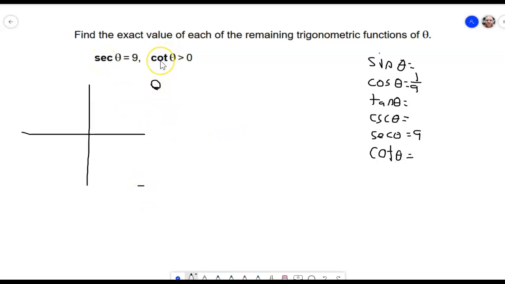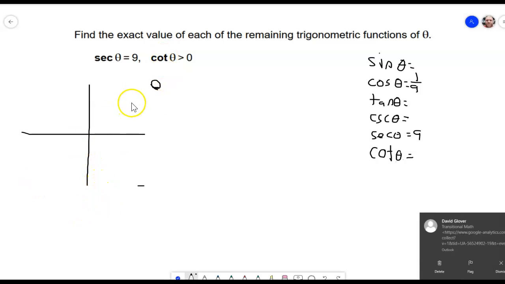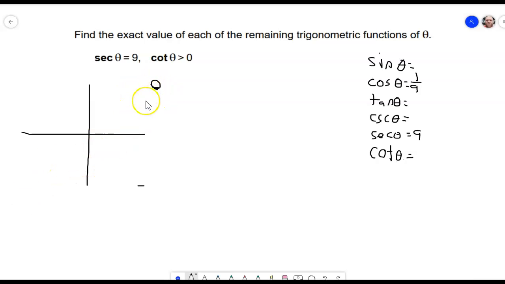And then the cotangent, which is the x value divided by the y value, is only positive in the 1st and the 3rd quadrant. But since we have already eliminated the 3rd quadrant, we're only talking about the 1st quadrant. So that means we're in the 1st quadrant here.